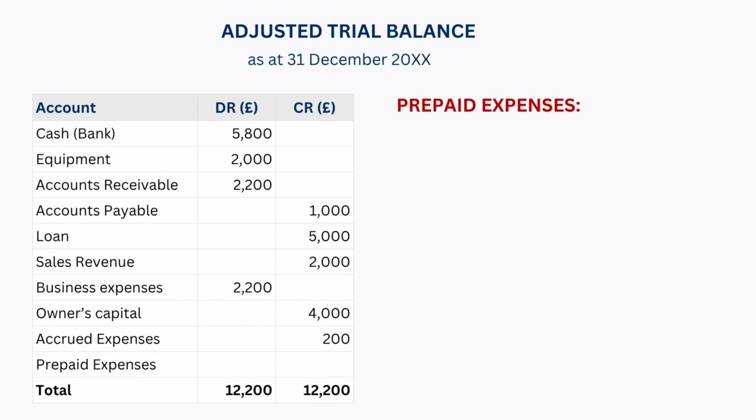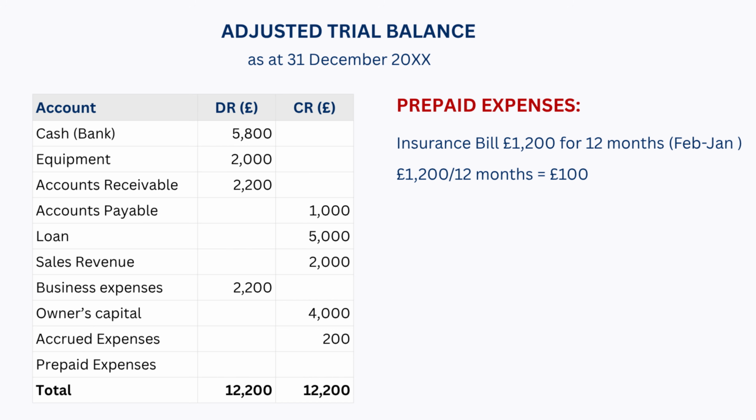Next adjustment is prepaid expenses. Prepaid expenses happen when a business pays for something in advance or is charged for a future period before receiving the full benefit. For example, suppose the business receives an insurance bill for £1,200 covering 12 months from February to January. When the bill is first recorded, the full £1,200 may be treated as an insurance expense.